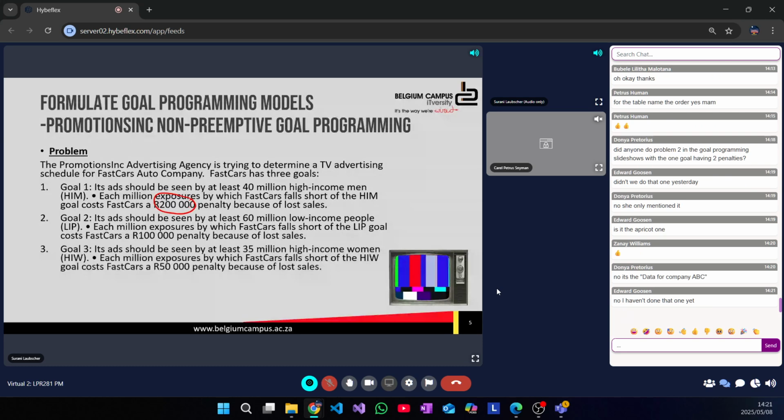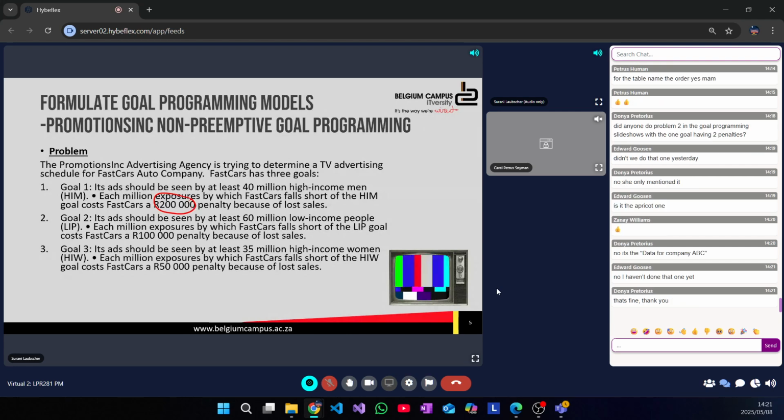But technically, you are minimizing the deviation from meeting that goal, not really the penalty. You're minimizing the deviation from that goal because when you don't meet it, you are paying a penalty. You get that? I'm saying this because when we get to the one of order of importance, you're minimizing the deviations.